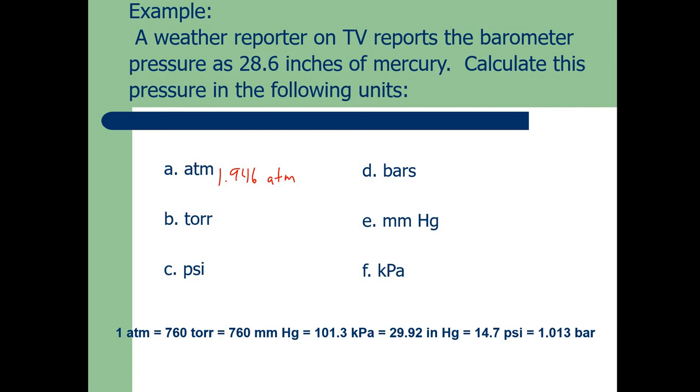Sorry, it should be inches of mercury. You should have INHG, that's the way inches mercury is. Wait, that's what we should have been using the whole time?